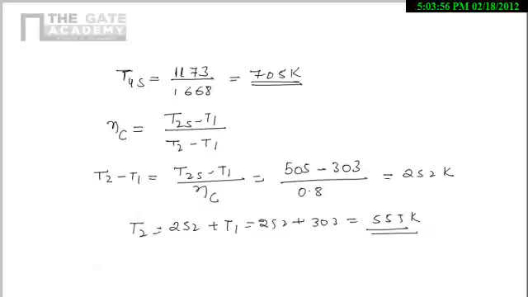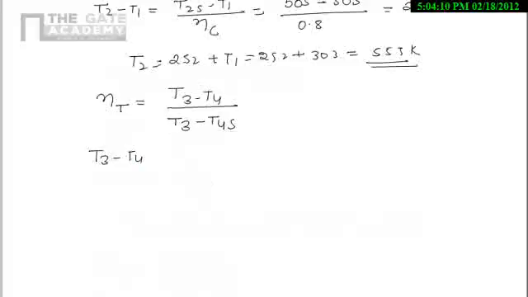In a similar way, we know the efficiency of turbine is nothing but (T3 minus T4) divided by (T3 minus T4S). So now I can write T3 minus T4 equals efficiency of turbine into (T3 minus T4S).